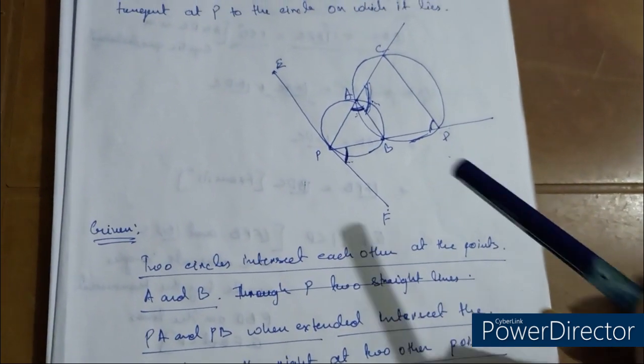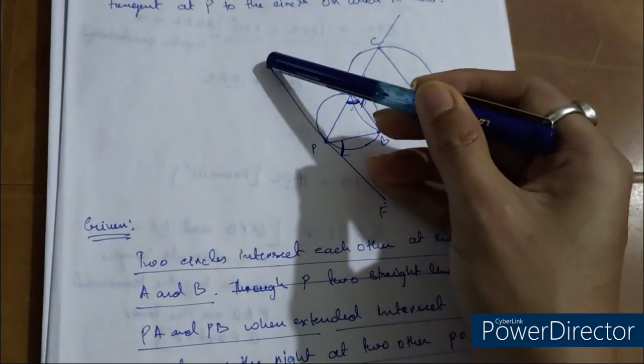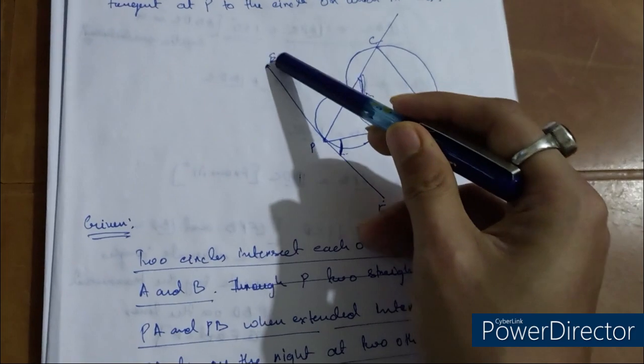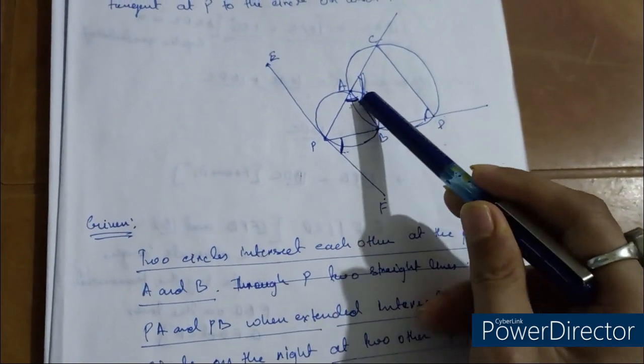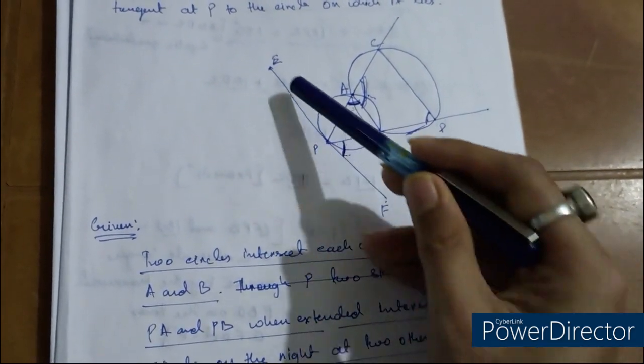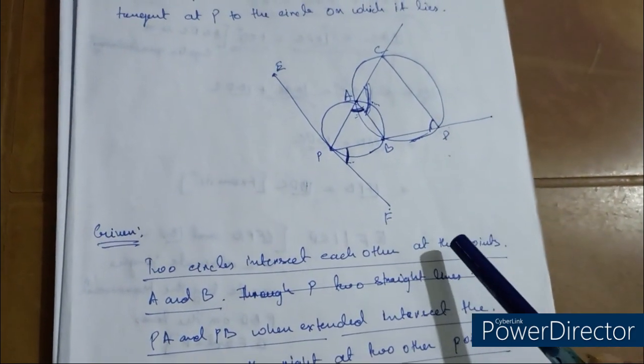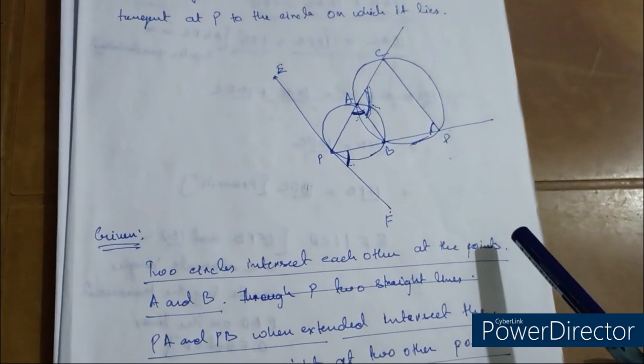I have to prove that this is a tangent. Yes, this is a tangent drawn at point P to the left circle. I have to prove that this tangent EF is parallel to CD.